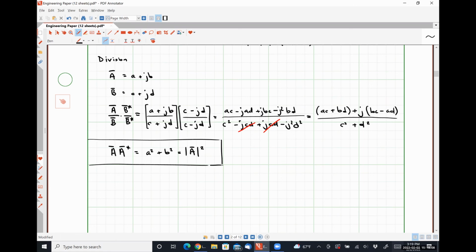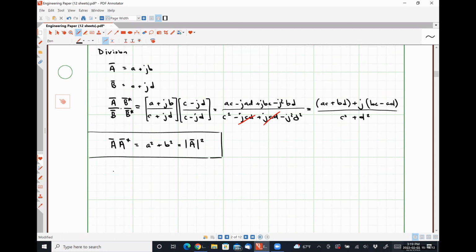So finally here, let's do division using exponential form complex numbers.